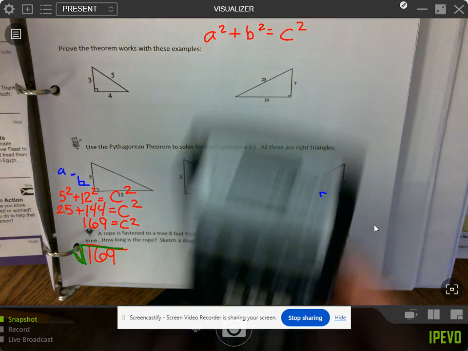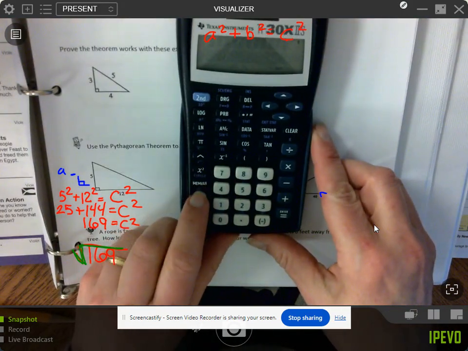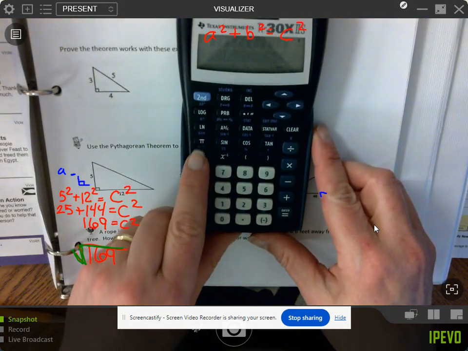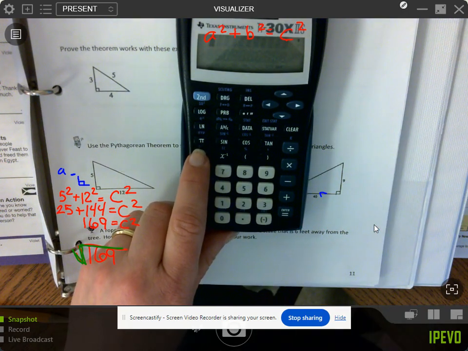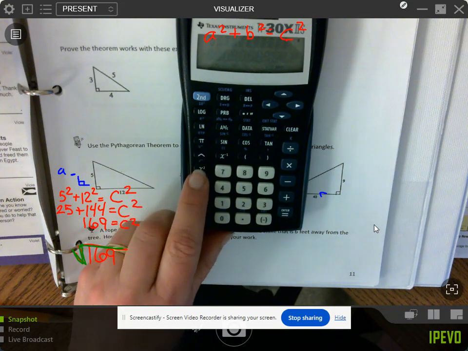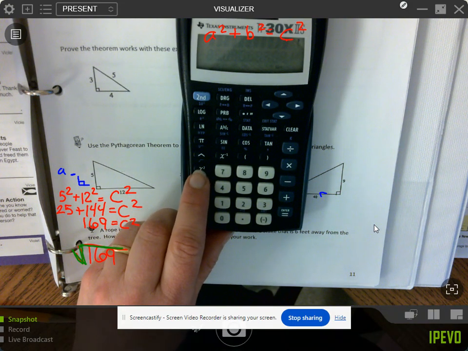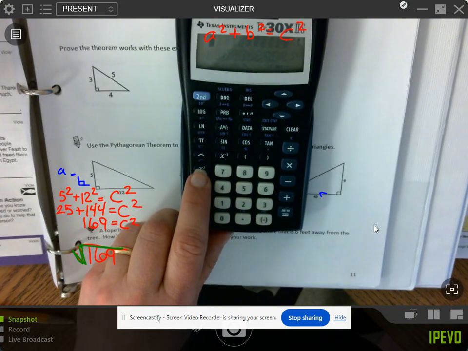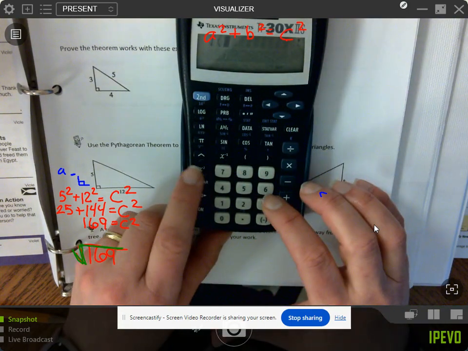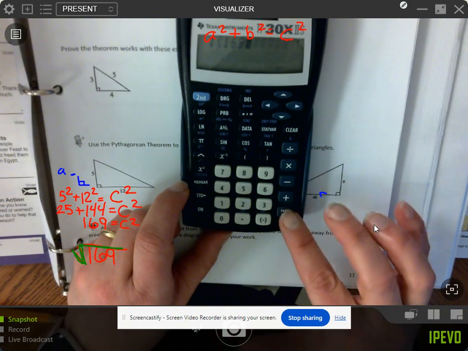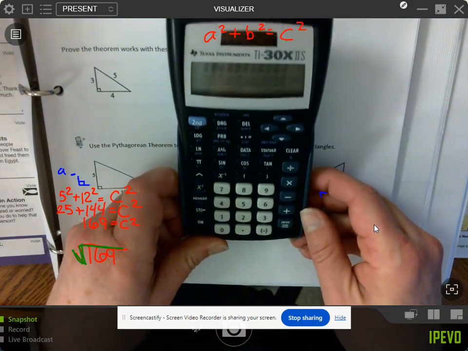It's the one that's above the squared button, because this other square root has a little number up there. That's why I don't want that one. The one right above the square button is the square root. So I want that one, 169, and I get 13.